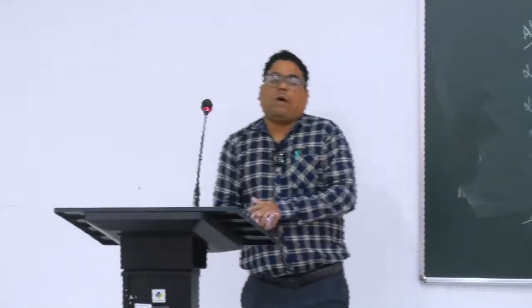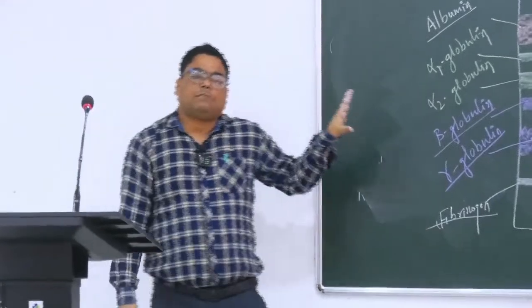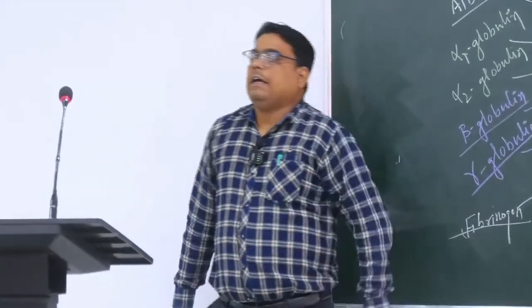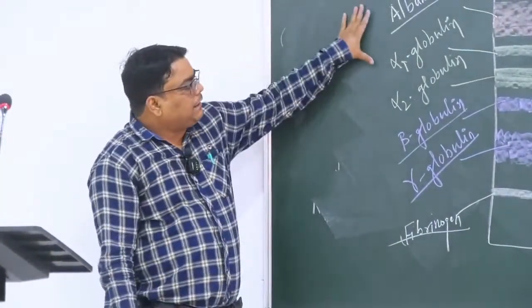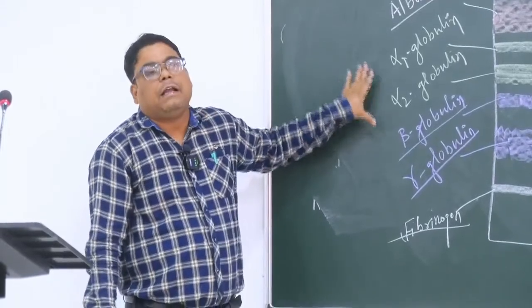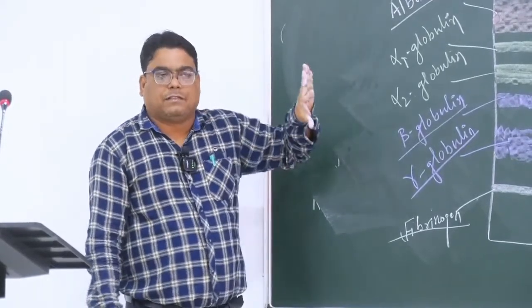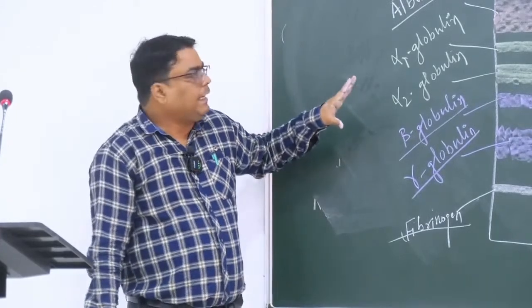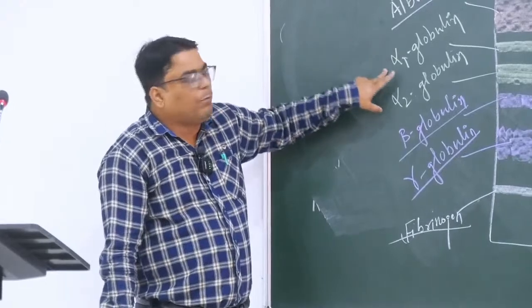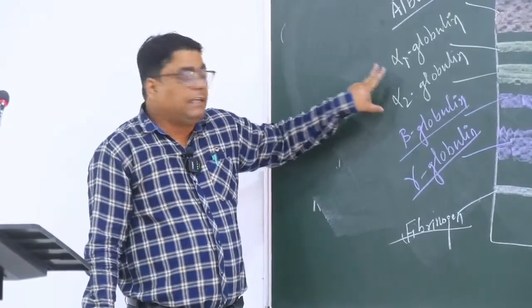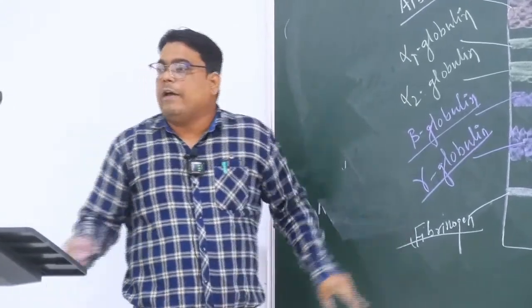What we did here: we take the plasma and run it in the electrophoresis machine, in gel electrophoresis, and we get this pattern, which is the normal pattern of a normal person. Albumin is in high concentration, globulin is in low concentration, and fibrinogen is in very low concentration.